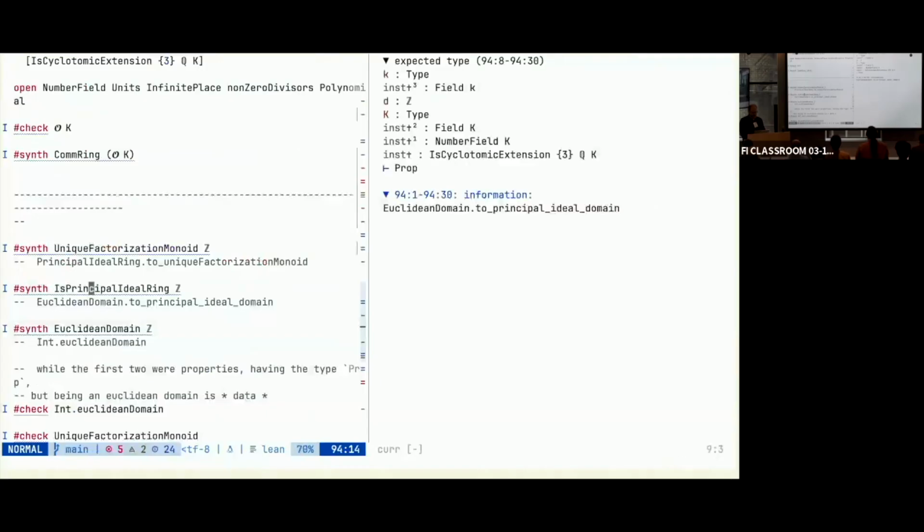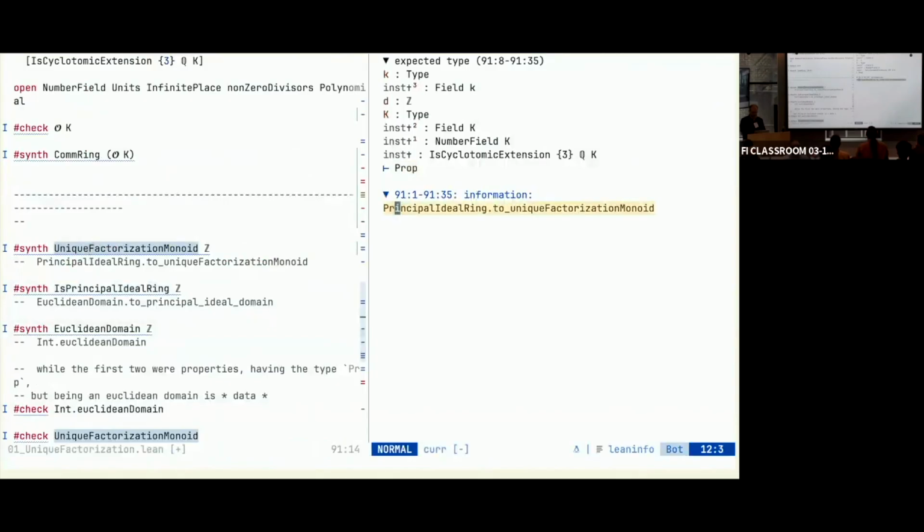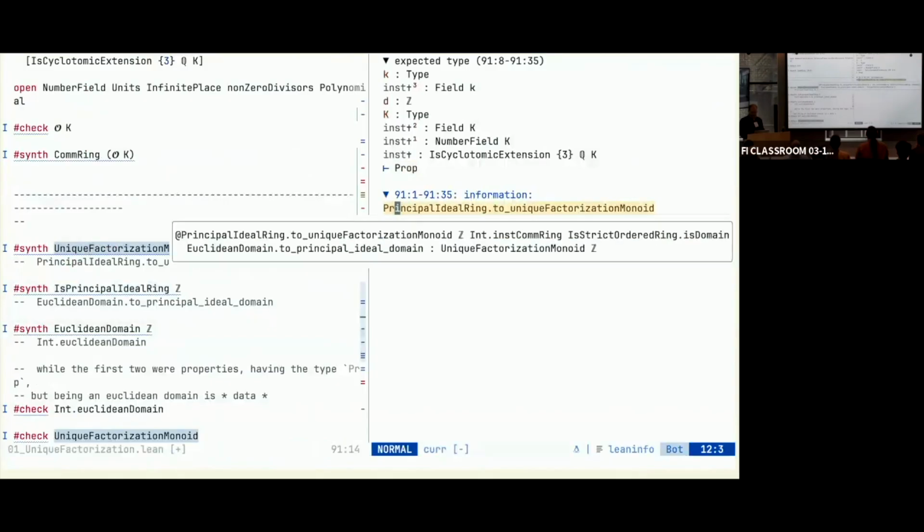Okay, and now why is Z a principal ideal ring? Because when you do that, you see, I want to show this. You see, that says that you are a unique factorization monoid here on the right.